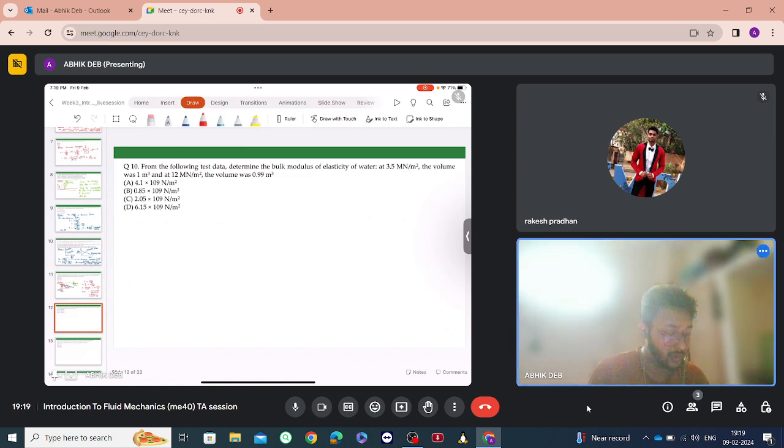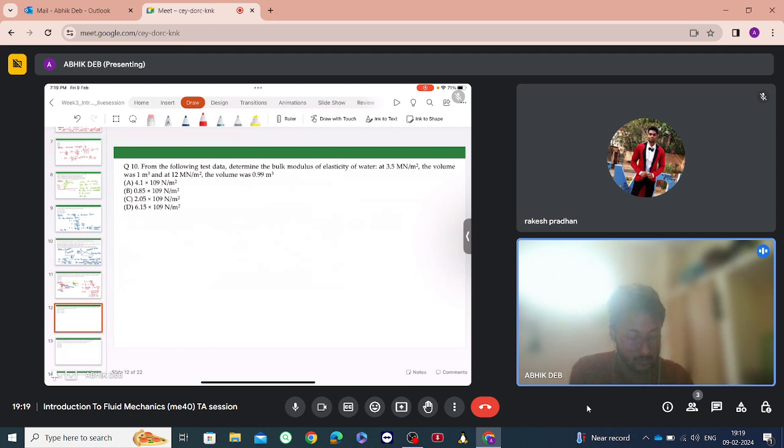So from the following test data, determine the bulk modulus of elasticity of water. The data has been given: the pressure value and the volume at one test point, and the pressure value and the volume at another test point. So we have to determine the bulk modulus of elasticity.